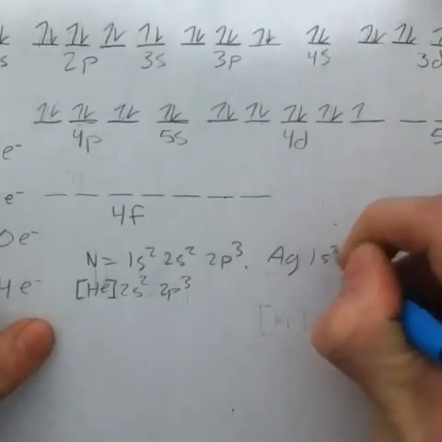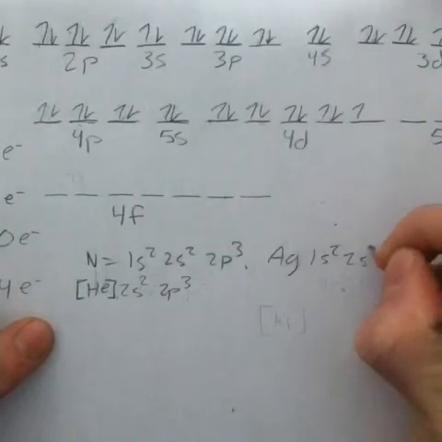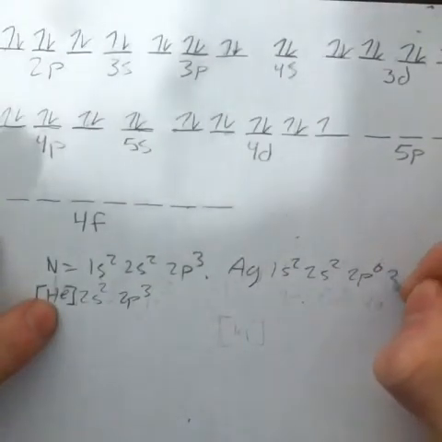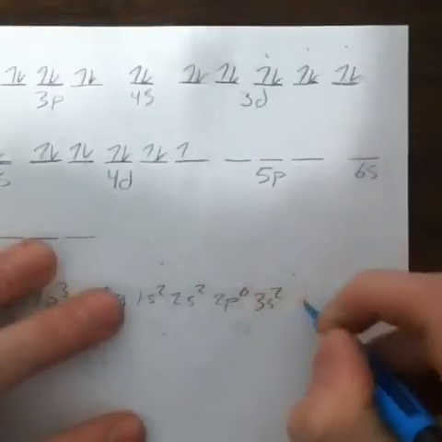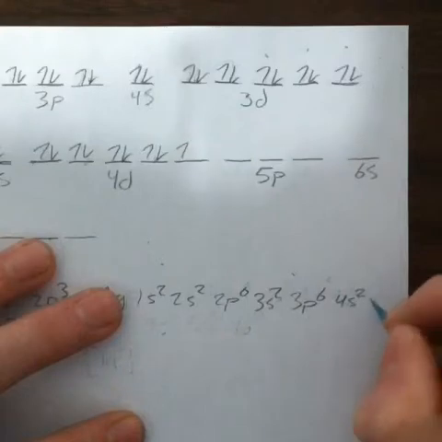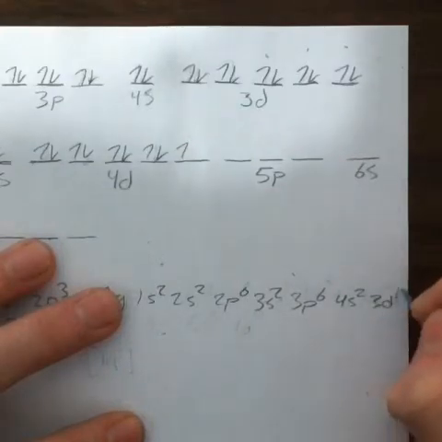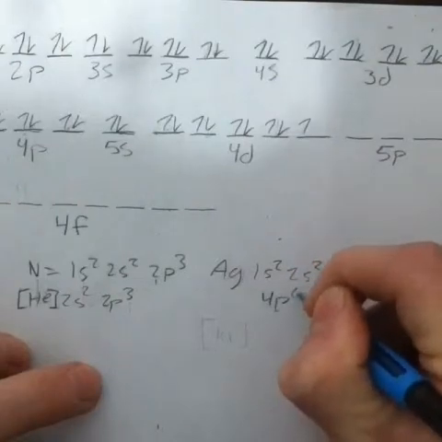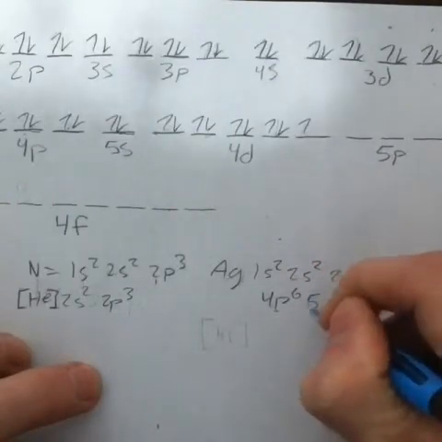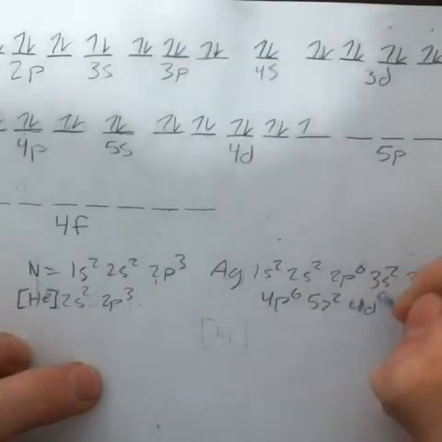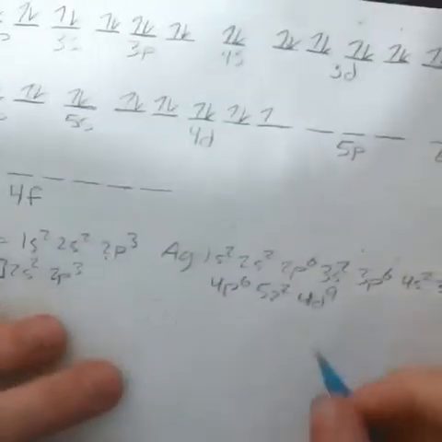We'll do 1s2, 2s2, 2p6, 3s2, and then 4d9 for the 9 electrons, obviously.